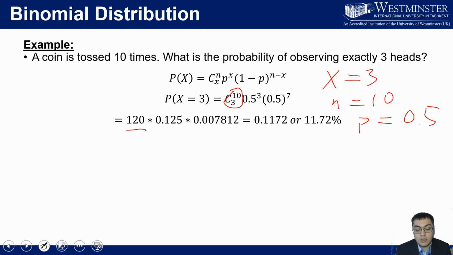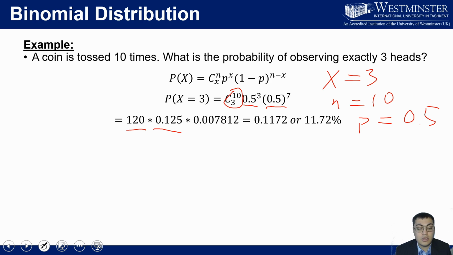Then I am interested in having 3 heads, so the probability of success of 1 head is going to be 0.5. I'm interested in 3 of those, so I'll have to multiply it by itself 3 times. That's the probability of me getting 3 heads. Then I multiply it by the probability of a failure. In this case, it's equal to the probability of a head, so that's going to be 0.5.